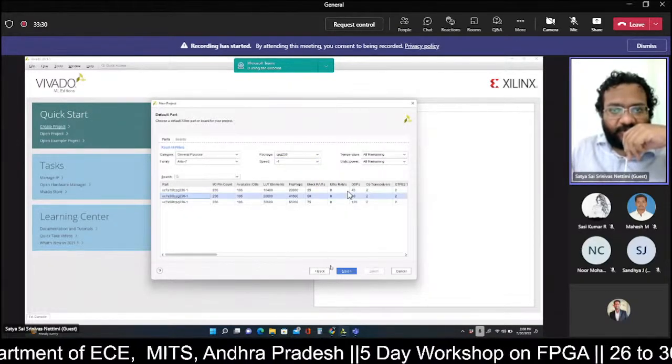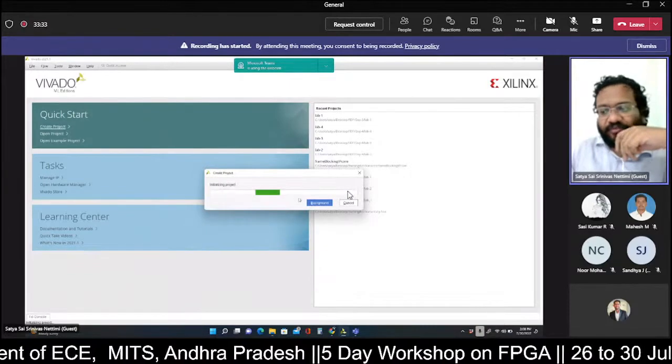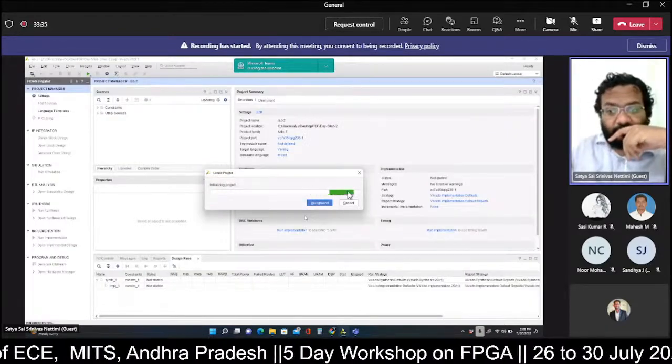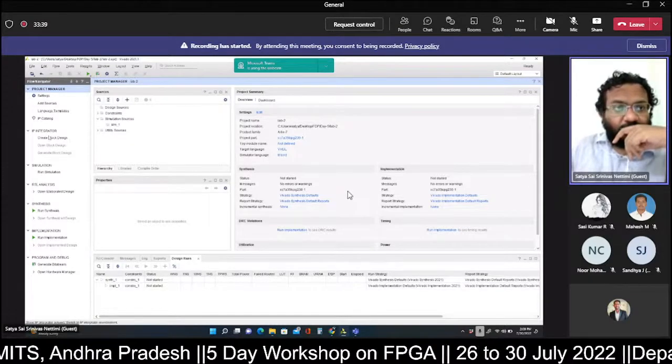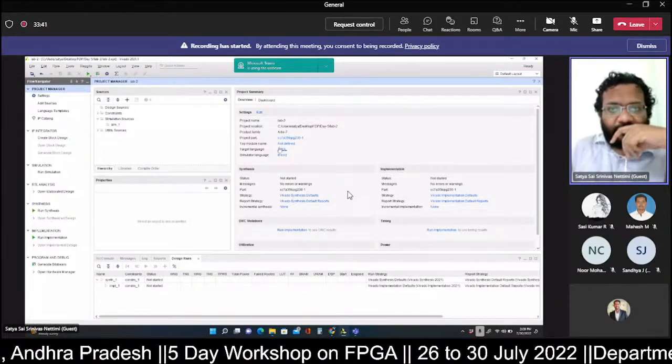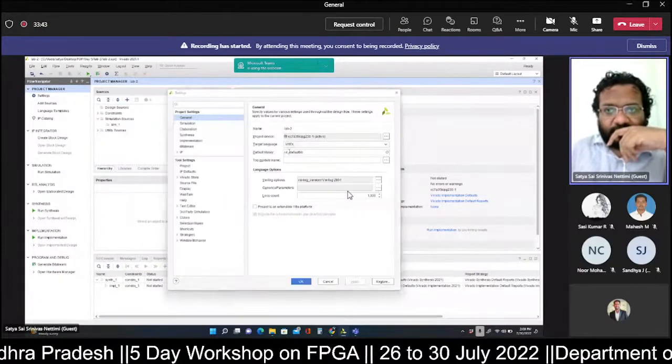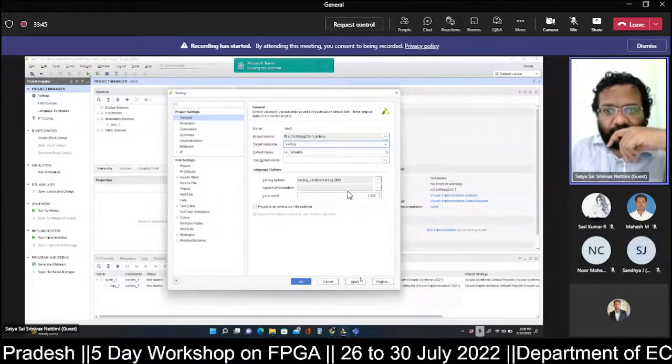So select the Basys 3 FPGA and click on finish. Now if your target language is VHDL, just change it to Verilog.